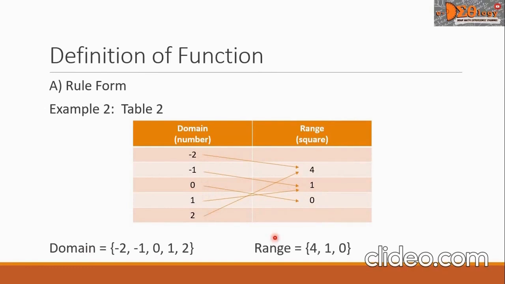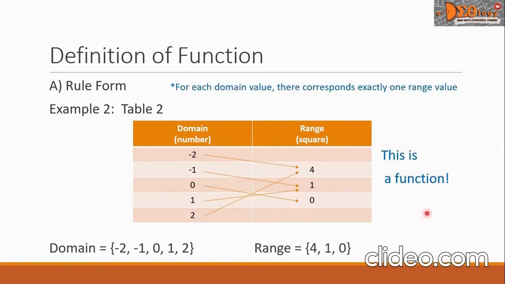And for the range, the elements are 4, 1, 0. This is a function because for each domain value there corresponds exactly one range value. This is our final answer.